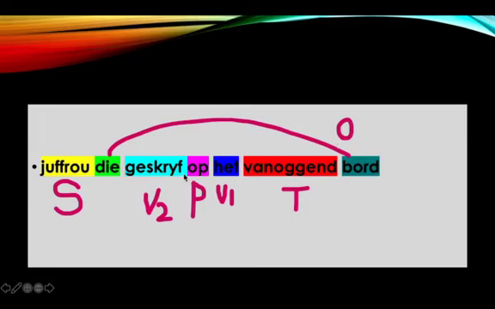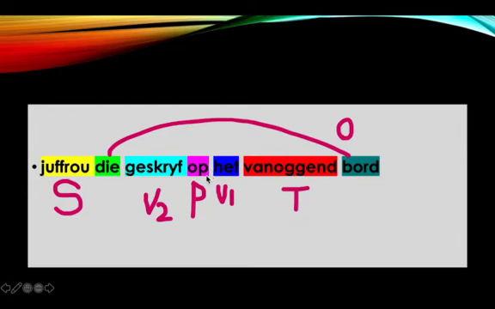Then the word geskryf. It has ge joined to a verb. Wrote. Now, because it has ge, I know that this sentence is a sentence in past tense. And we learned that in past tense, the verb moves to the end and it becomes verb 2.